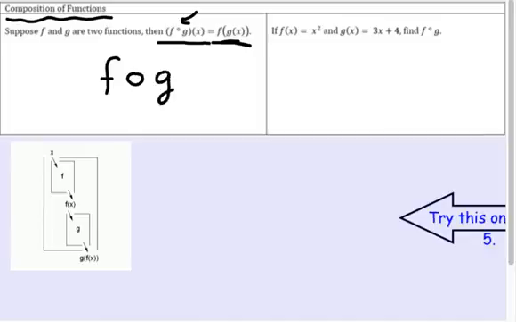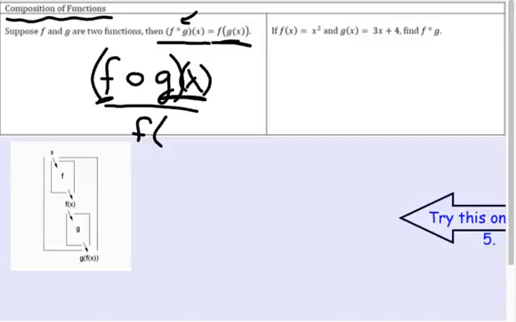Some people call it fog, but it's f of g of x. And basically it's just a different way to write it. If you see this, you should think f of. We see f first, then g of x second, so we're plugging g of x into the f function. So fog, or if you did it backwards, it'd be gof, g of f of x.